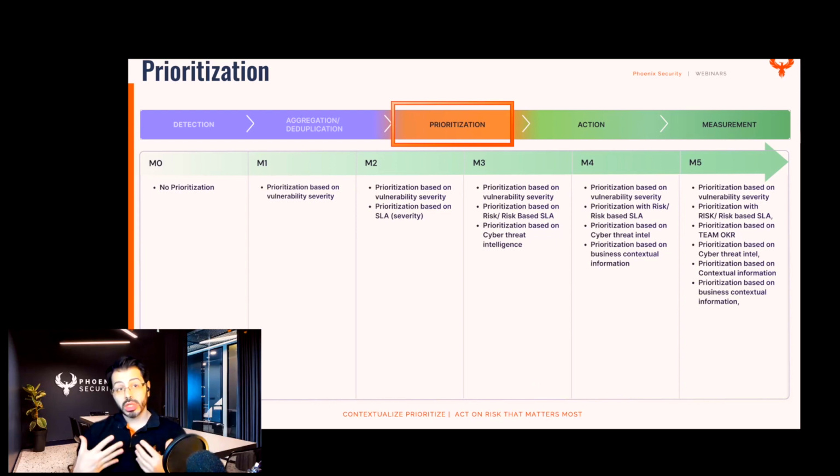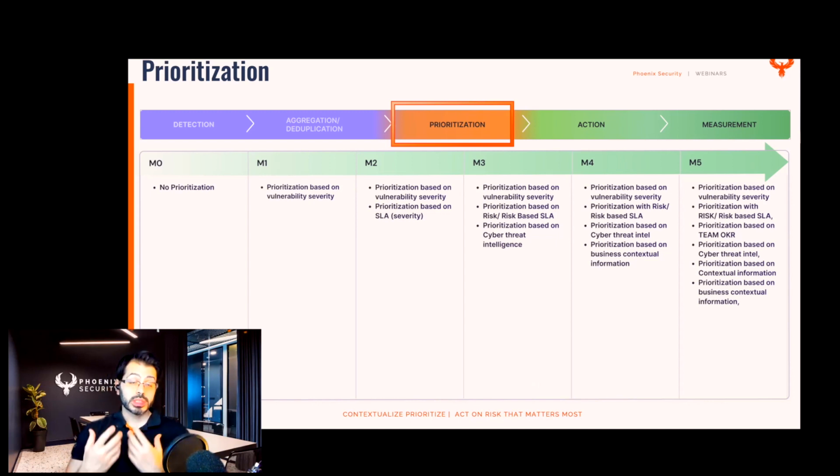The maturity level 3 usually requires a system like Phoenix Security, Defect Dojo, or other vulnerability management platform that needs an advanced level of context, business context, and cyber threat intelligence or probability of exploitation. This is because you need to start looking at the vulnerability in a different way, at a different level.